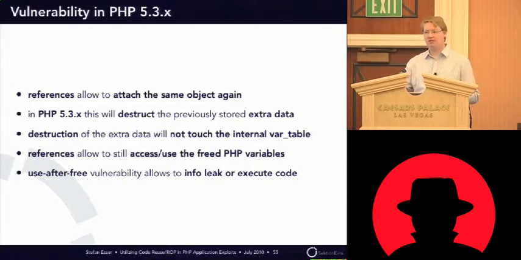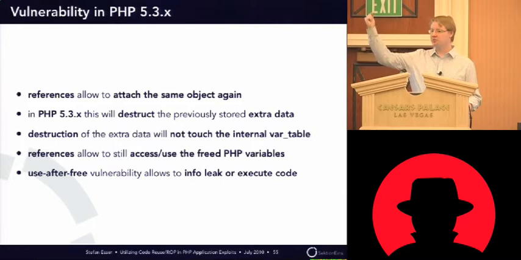So this is not a problem at all, but the deletion is done inside the SPL Object Storage, so unserialize doesn't know about it. And in unserialize, you remember there was this variable table that's used for references, and so unserialize still has a pointer to this variable that was just freed.